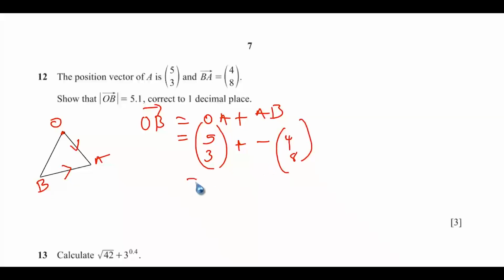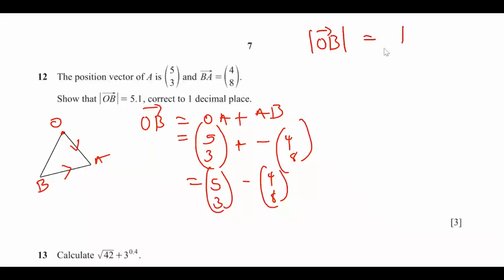So if you do this, it will give you (5, 3) minus (4, 8). So 5 minus 4, that will be 1. So vector OB will be equal to (1, 3 minus 8), that will be negative 5.